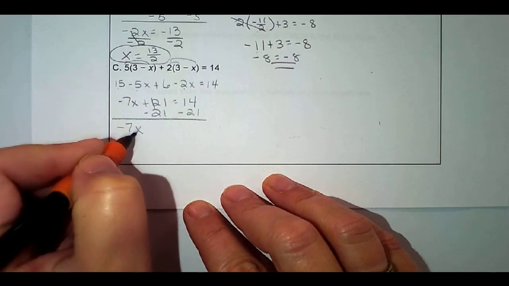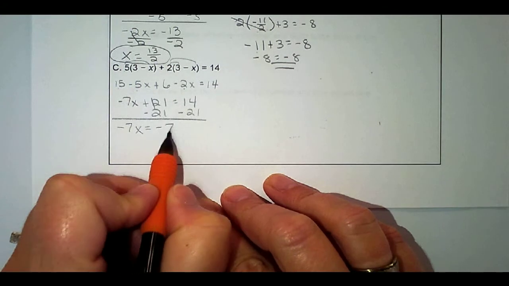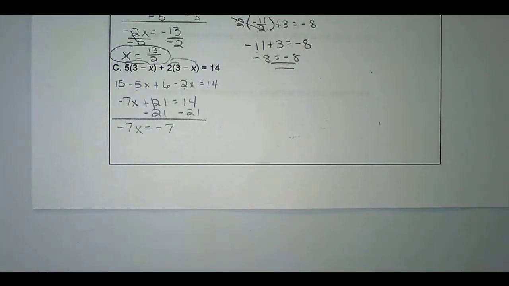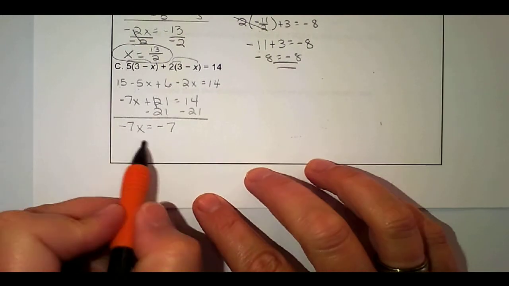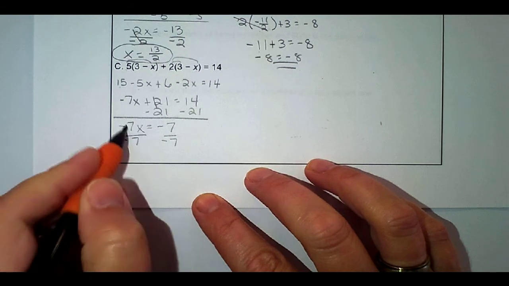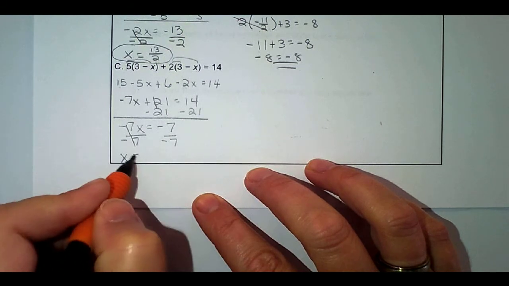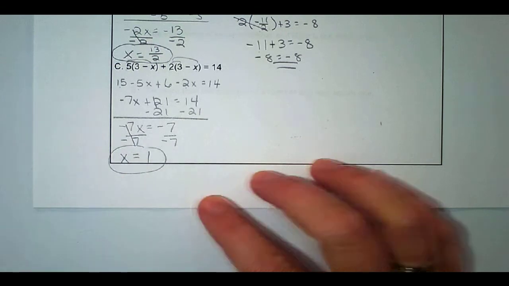And I have -7x equals -7. If I'm multiplying by -7 to get rid of it, I divide. So divide both sides by -7. And -7 divided by -7 is 1.